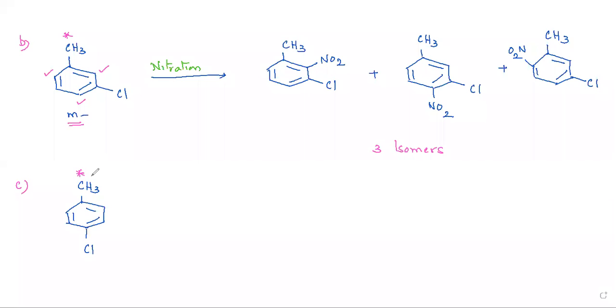This is anyway the important substituent that decides the fate of the third one. You got the two ortho positions, right? Anyway, para is blocked.